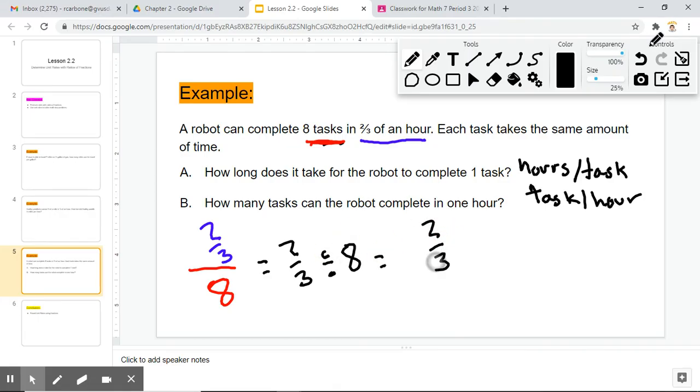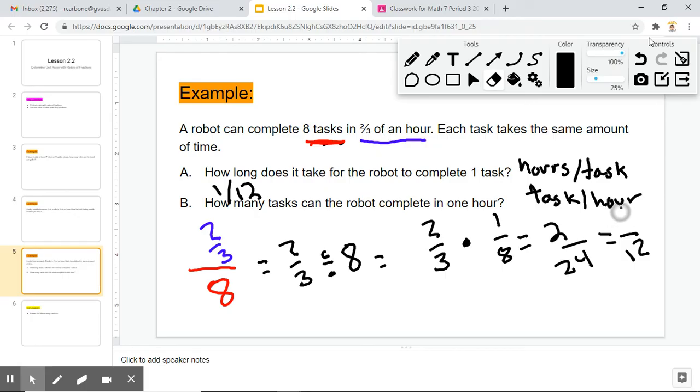So keep the first fraction, flip the second fraction, change division to multiplication. All right, and then we can multiply this out here. So 2 times 1 would obviously be 2. 8 times 3 is 24. So we got 2/24, and then we can simplify this down. 2/24 is the same as 1/12. So this robot completes one task in 1/12 of an hour.